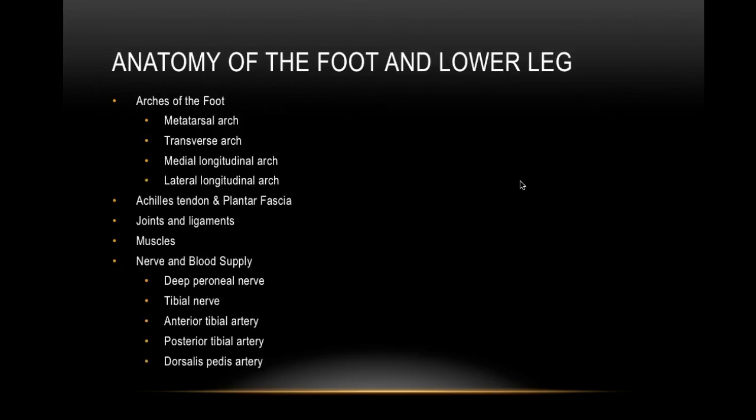For the rest of the foot anatomy, your book covers these different sections of the foot, including arches of the foot, Achilles tendon, and plantar fascia, as well as joints and ligaments and muscles. For this class, you will have to know some of the major structures, but nothing too much in detail as it pertains to the foot, like ligaments between the tarsal and metatarsal joints.